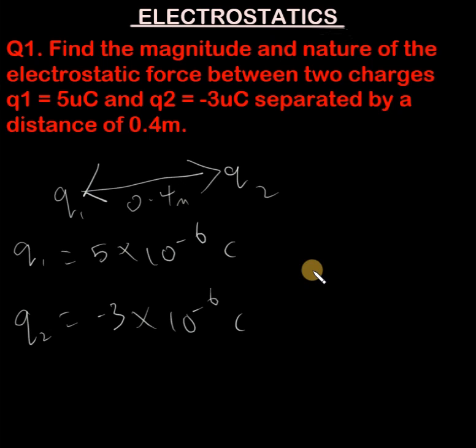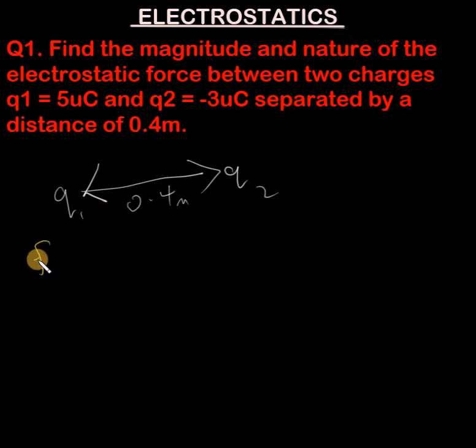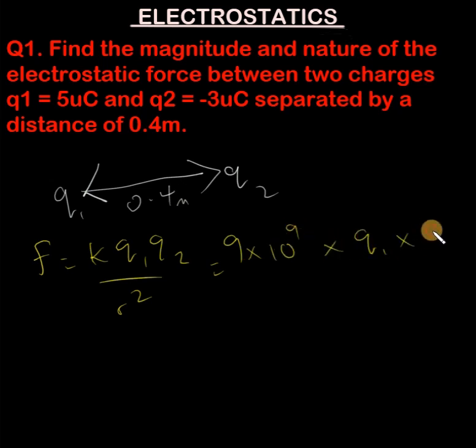So what are we going to be using? We are going to be using the formula given to us initially, which is F equals K Q1 Q2 over R squared. Our K is the constant of proportionality, and its value is 9 times 10 raised to the power 9, times the value of our Q1, times the value of our Q2 as given, over our R, which is 0.4 meters, squared.